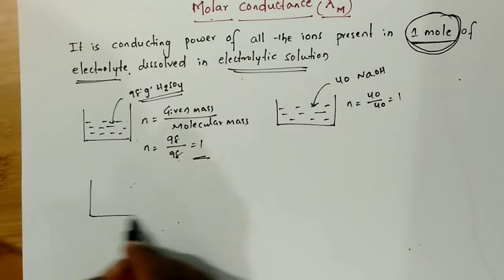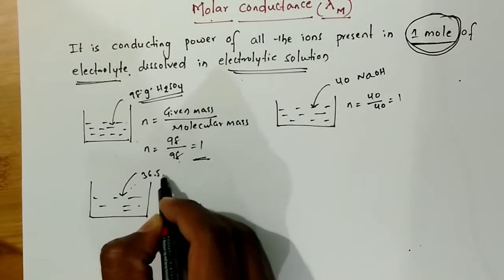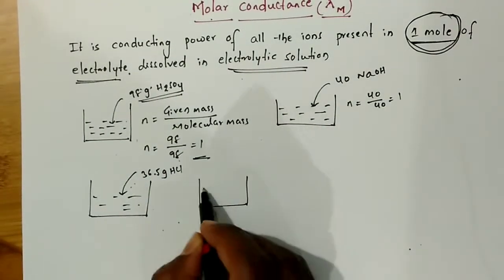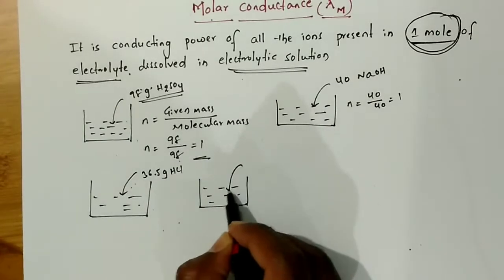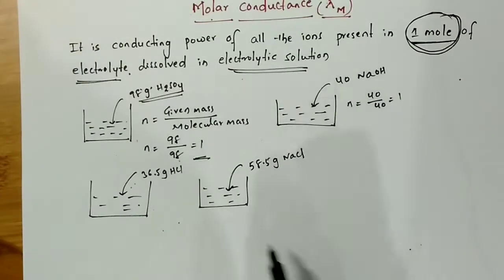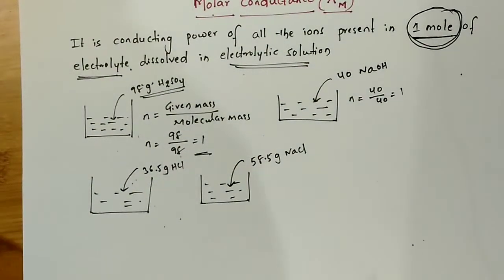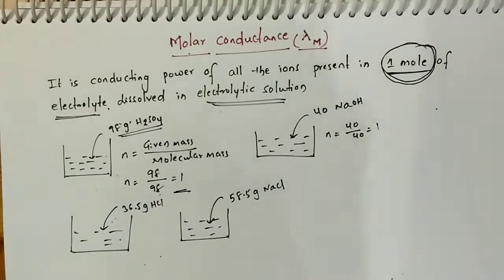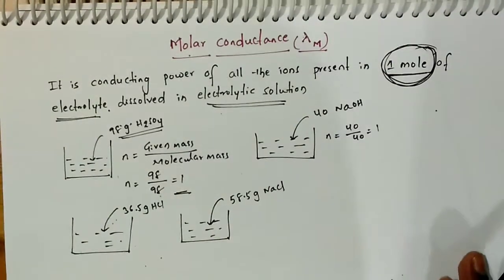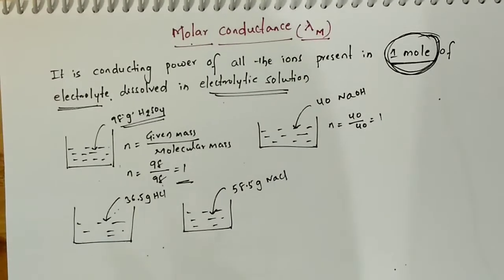Like that, you can take so many examples: an electrolytic solution having 36.5 grams of HCl, or common salt, 58.5 grams of sodium chloride. The conductance shown by all these types of electrolytes is molar conductance. The only requirement is that the electrolytic solution must have 1 mole of electrolyte, whatever the electrolyte.